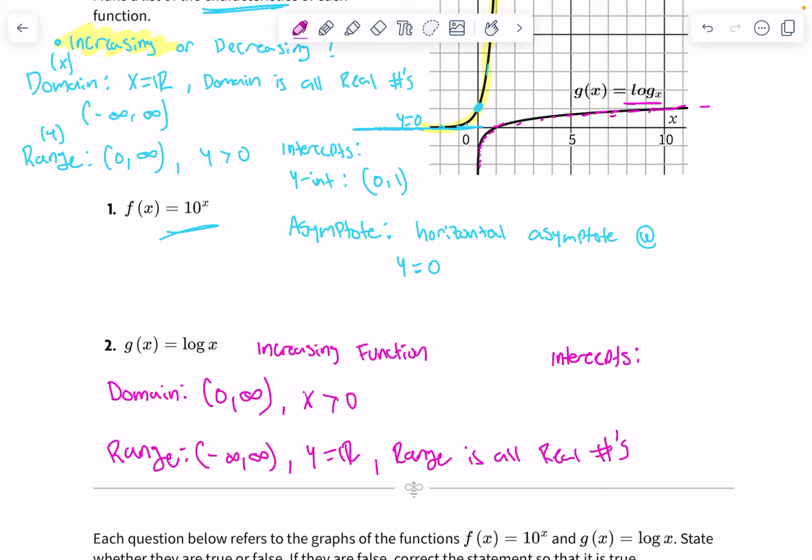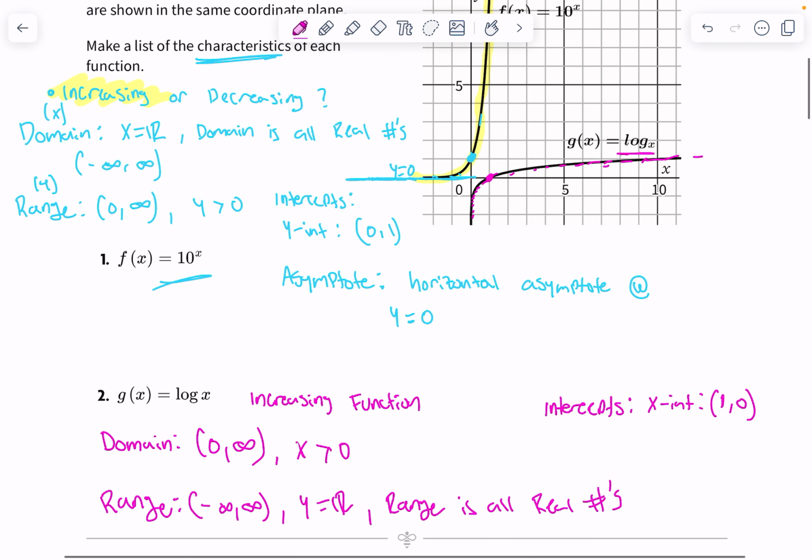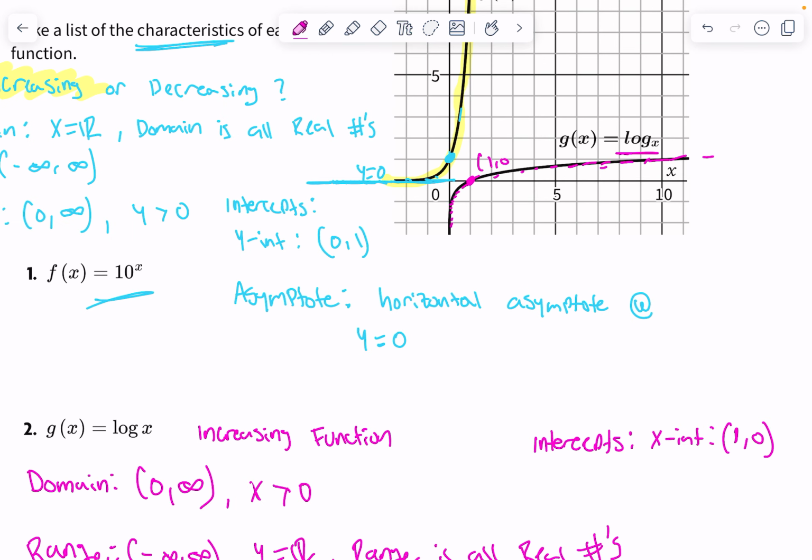It crosses here, and that is at 1, comma 0. So we'll label this point. This one is 1, comma 0, and then the y-intercept here is 0, comma 1.